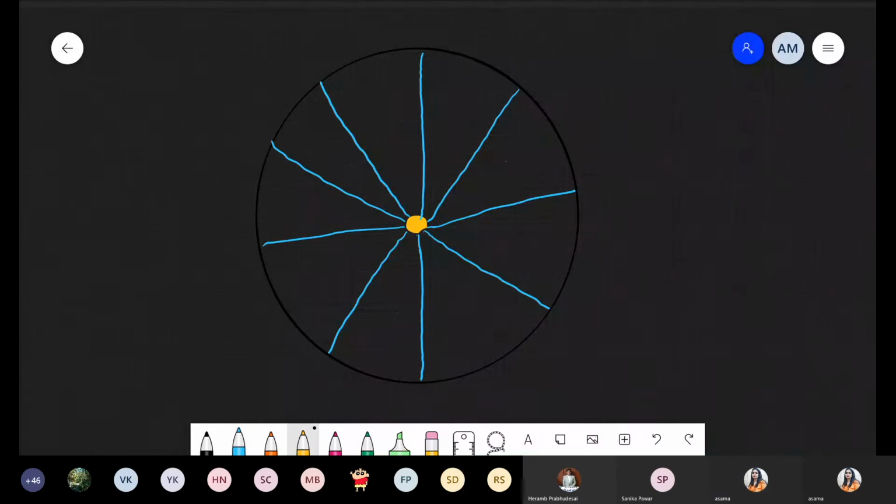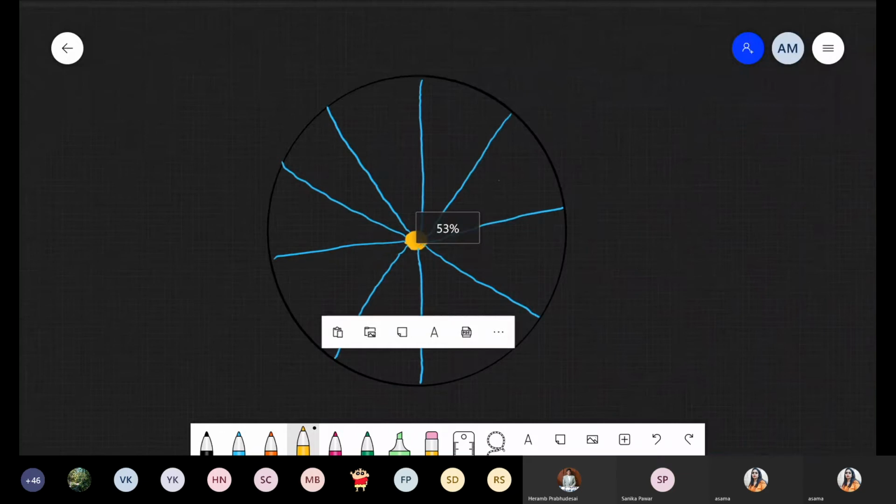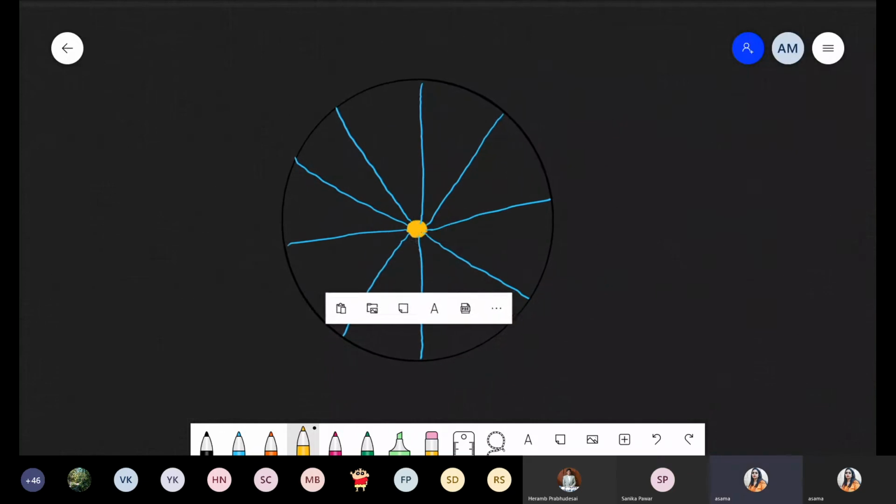Okay. These are the total compartments. That is a total of 9 compartments. 1, 2, 3, 4, 5, 6, 7, 8, 9. Okay. Now we have to join these compartments.